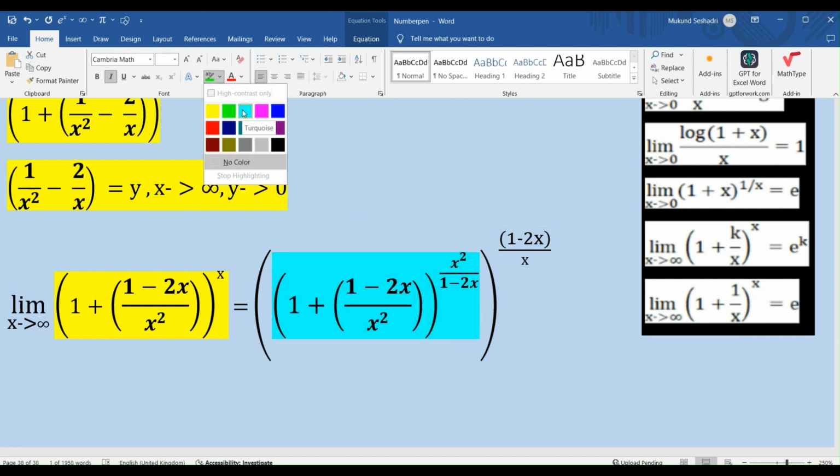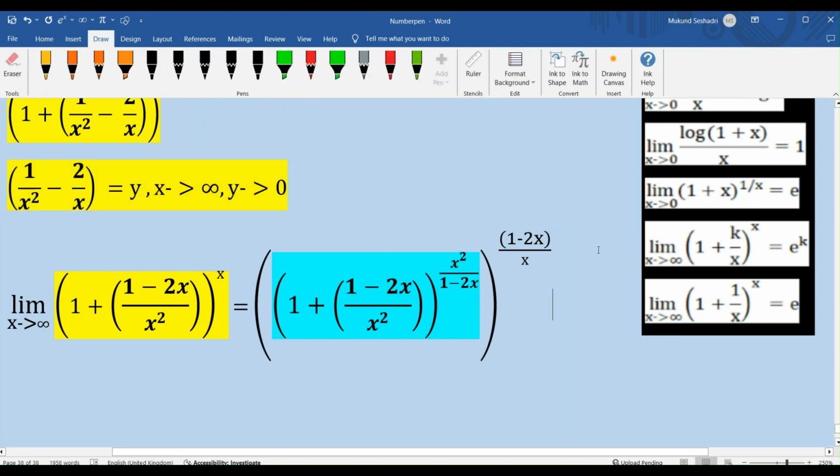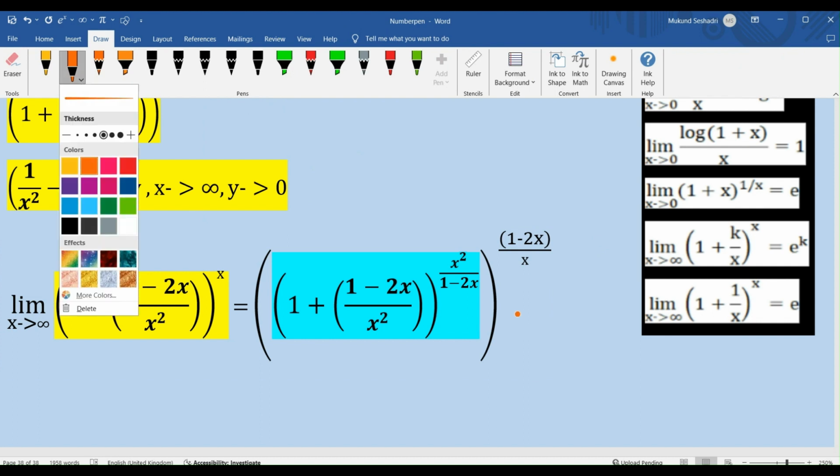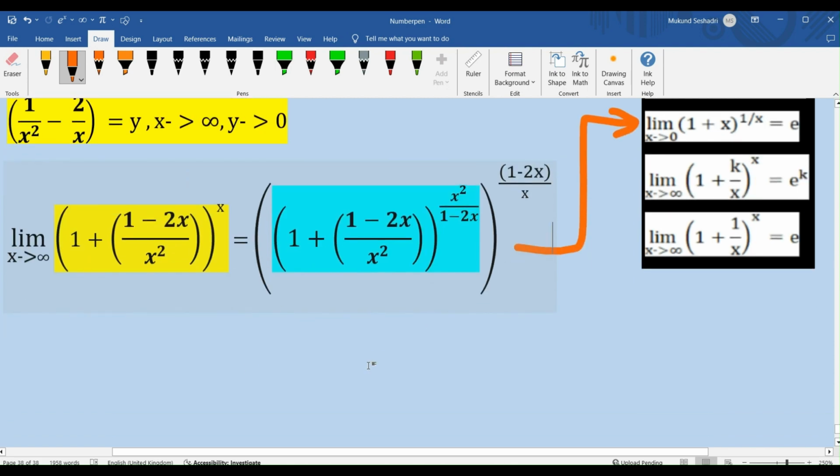This entire expression is of the format 1 plus this, where instead of x, I have (1 minus 2x) by x square. So I know that as (1 minus 2x) by x square tends to 0, this entire expression will tend to e, right?